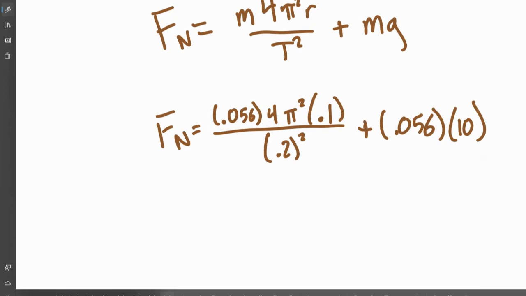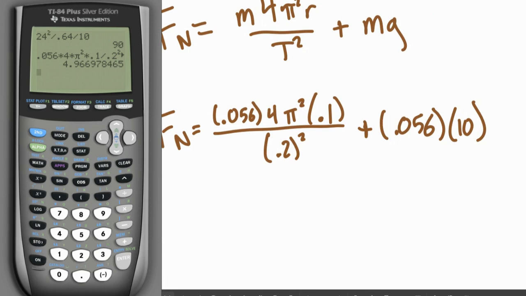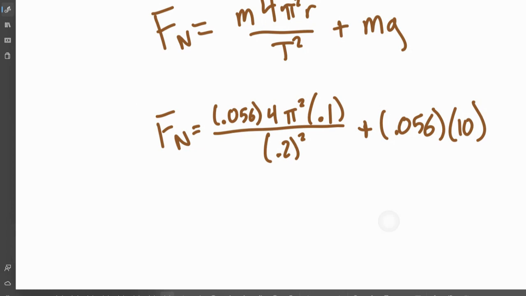It's the same exact equation otherwise. So on my calculator, I'm going to do second entry, because that gives us what we just typed in, and then I'm going to scroll back, and instead of the minus, I'm just going to hit plus. Enter. 6.09. So at the bottom of this loop, normal force is 6.09 newtons.